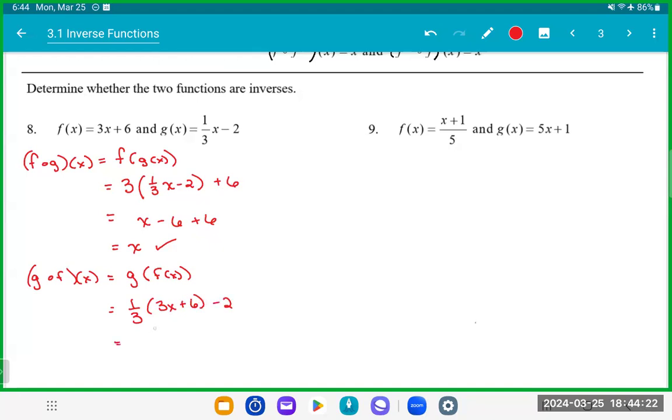So this simplifies as x plus 2 minus 2, and it simplifies to x. Both of those simplified to x. So yes, these are inverses.